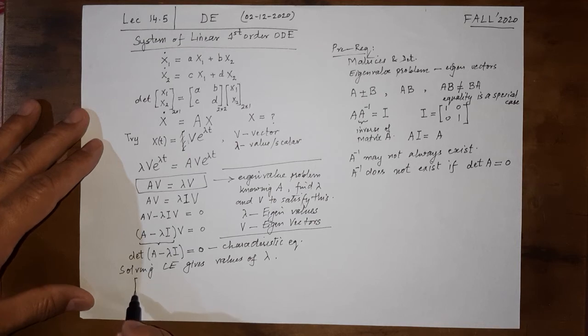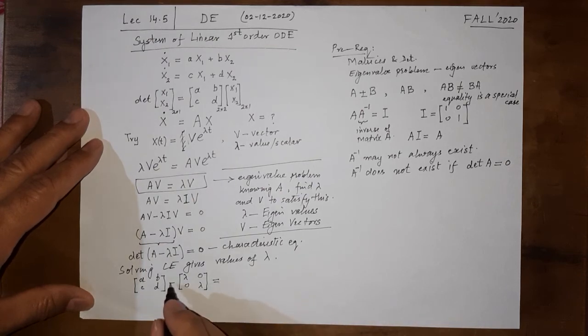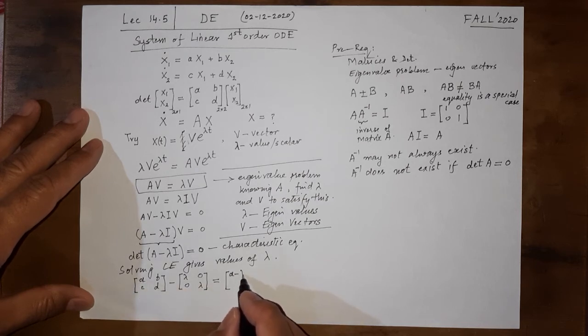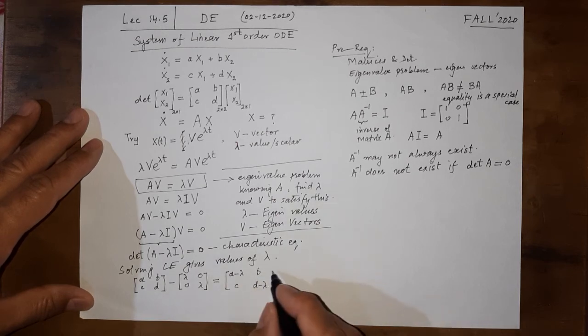A minus lambda I means lambda will be multiplied with the ones in the diagonal, and you know how addition and subtraction is performed. The diagonal elements are going to be a minus lambda and d minus lambda, and we are going to get b here and c here.